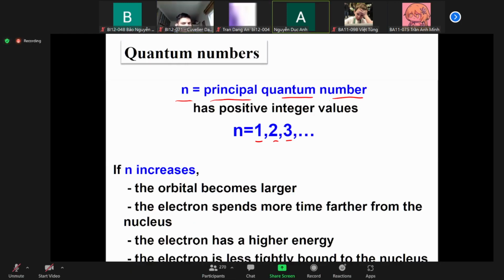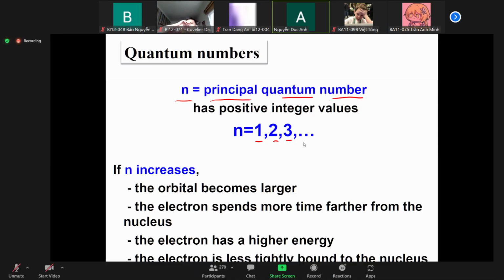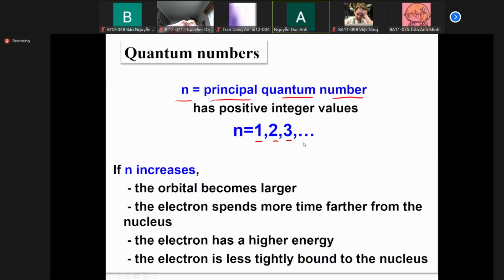It comes from the Bohr model. So the principal quantum number n explains the allowed energy states of the electrons around the nucleus, like the Bohr model explained to you. Or we can say the meaning of the principal quantum number comes from the Bohr model.